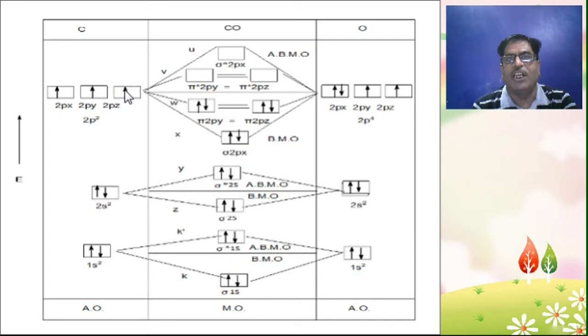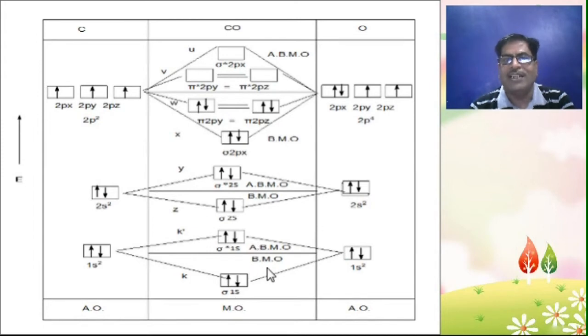Oxygen is 1s2, 2s2 and 2p4. Total number of electrons: 2, 4, 6, 8, 10, 12 and 14. So a total of 14 electrons are accommodated in the CO molecule.